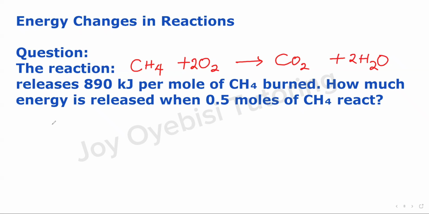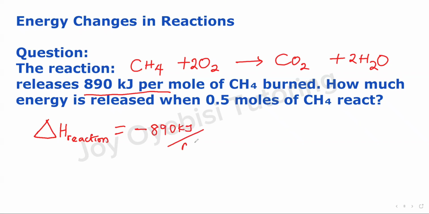The enthalpy of reaction was given, that is 890 kilojoules per mole. Now, when they say release, it means it's exothermic. So this is going to be negative 890 kilojoules per mole.